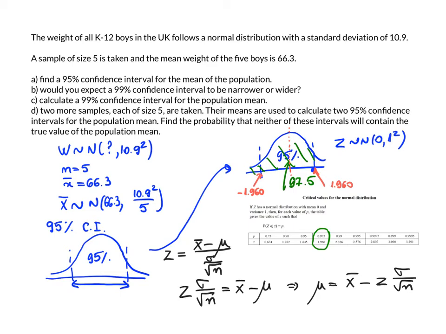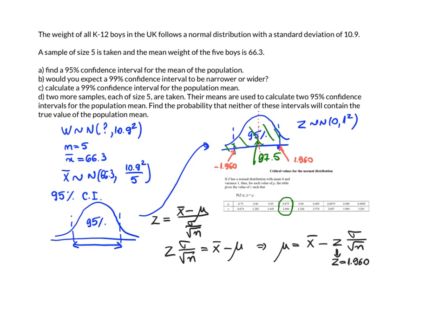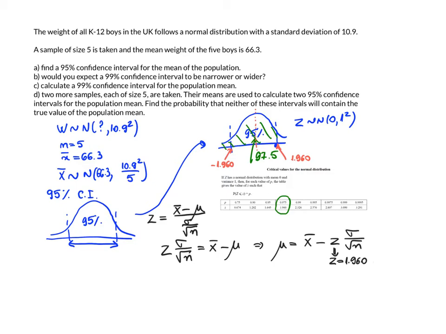However, I have a positive and a negative z, so if I call z as being 1.960, I will have mu contained in between x bar plus z sigma over square root of n and x bar minus z sigma over square root of n.